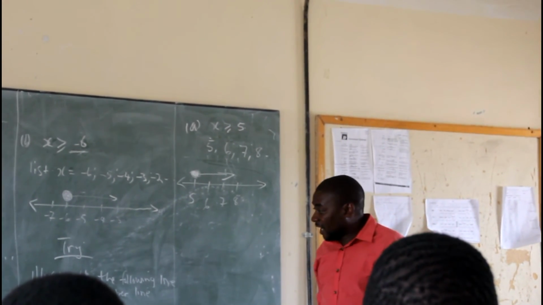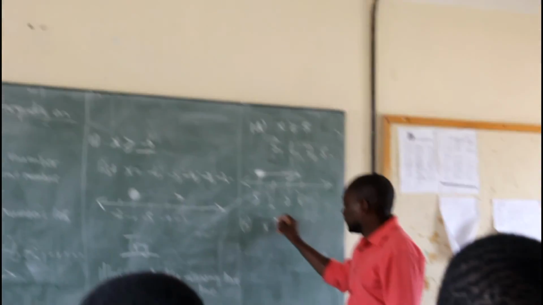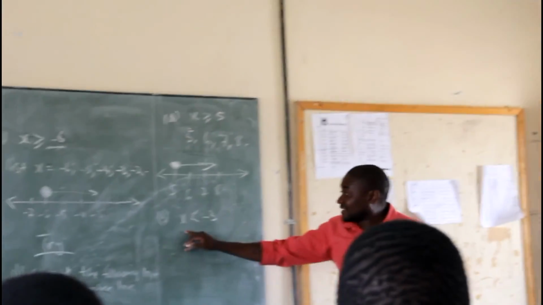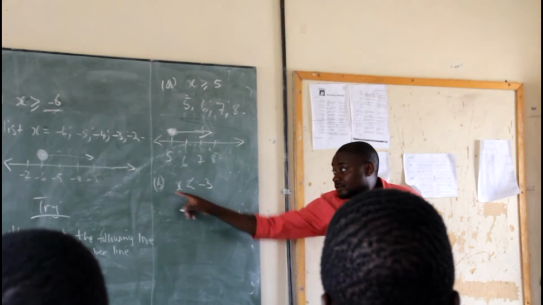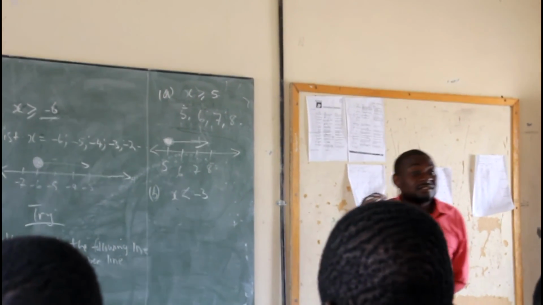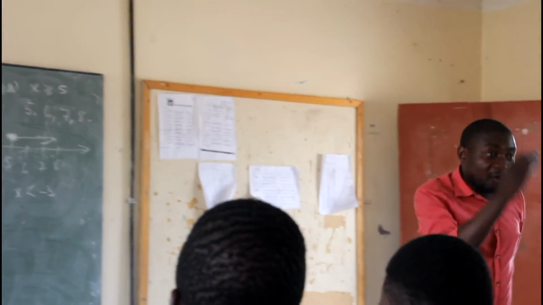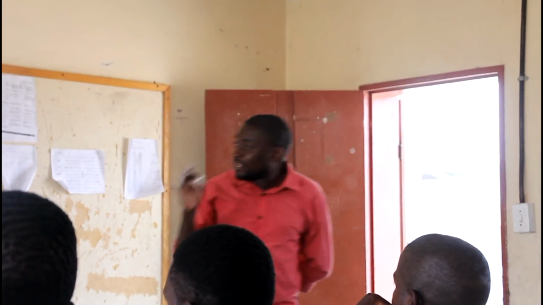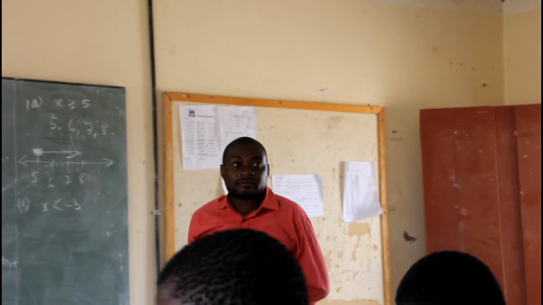Maybe this one of the negative. It's X. Right, this one means, how do we read this one? X is smaller than negative 3. Which are these numbers smaller than negative 3?